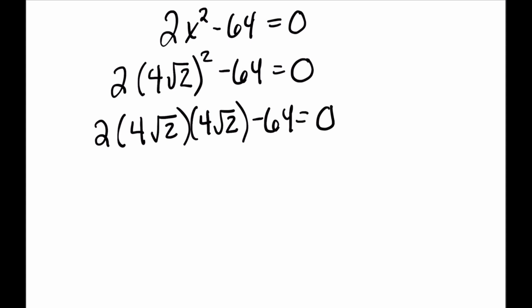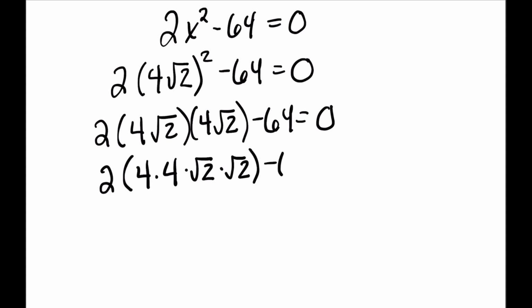Okay, now I'm going to do a little bit of simplifying. So just watch how I'm rewriting this. I'm putting the 4's next to each other because it's easy, and the square root 2's next to each other. So I want you to notice something with the patterns. Clearly we know 4 times 4 is just going to be 16, and square root 2 times the square root of 2 is going to give us 2.